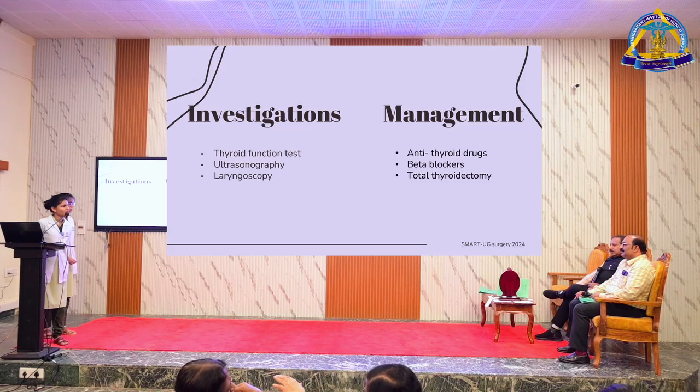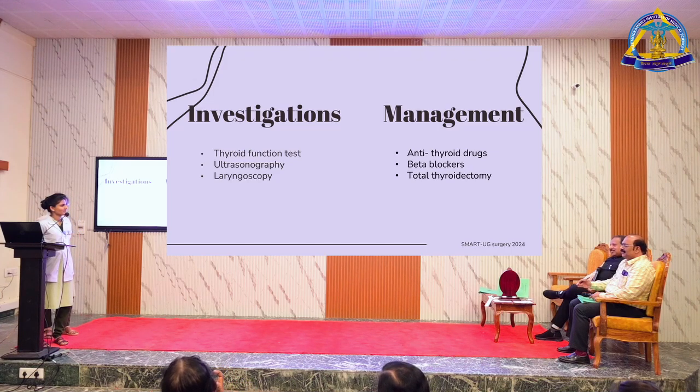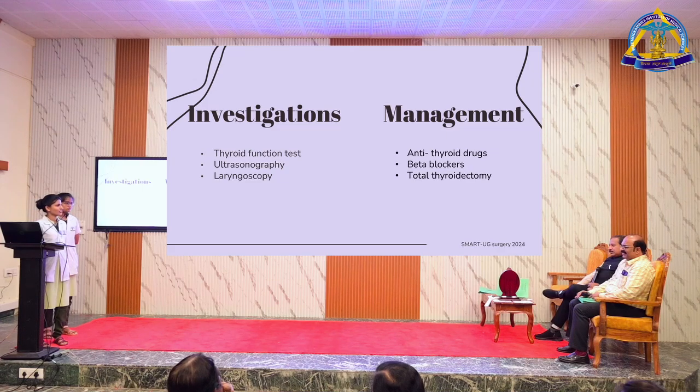Tingling and paralysis. You have perioral numbness. Then what are the tests? Chvostek's test, Trousseau's sign. What is Chvostek's sign? Facial nerve paralysis. And what is Trousseau's sign?